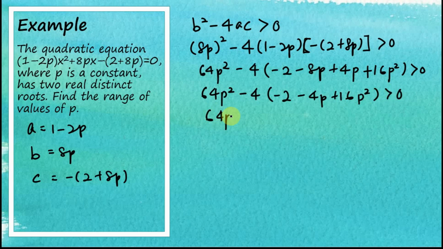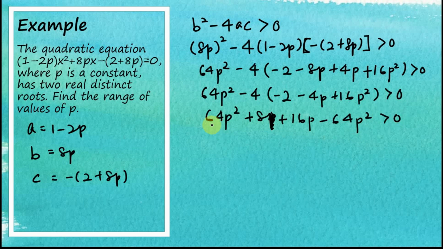And let's expand this. -4 multiplied by -2 plus 8p, -4 multiplied by -4p plus 16p squared. Now we don't have a p here. -4 multiplied by -2, we have +8 without p here, and then -4 multiplied by 16p squared becomes -64p squared, greater than 0.